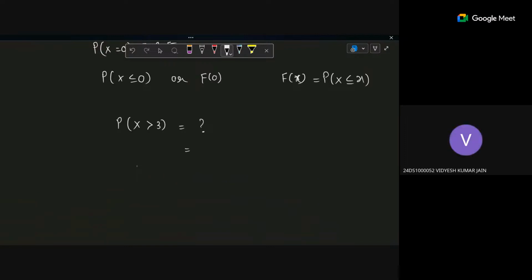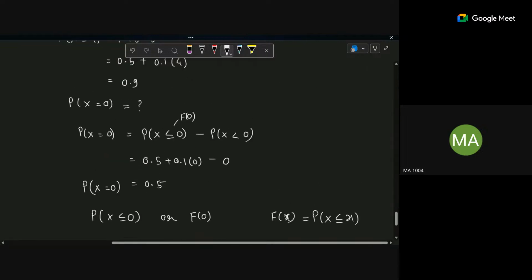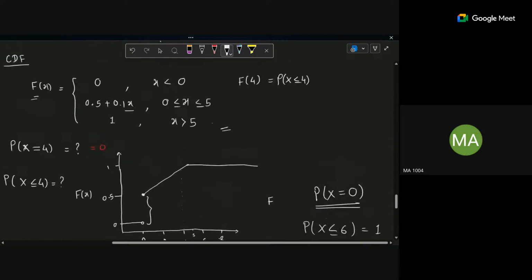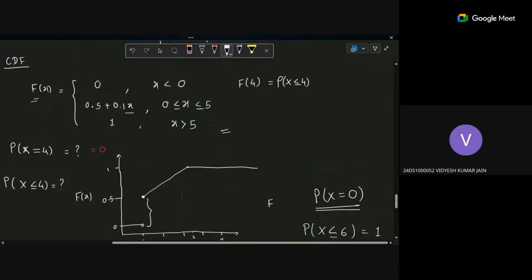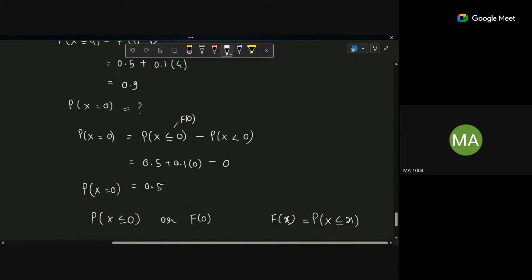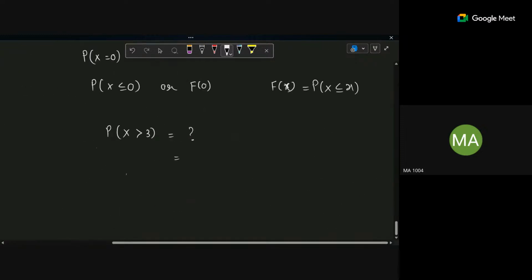Again, the CDF is the same. Just tell me what is the probability that x is greater than 3. If you answer it, that means all kinds of questions with this CDF are covered.